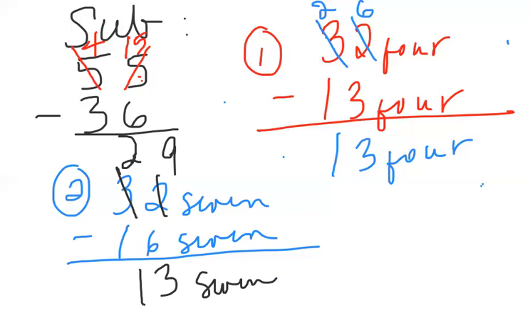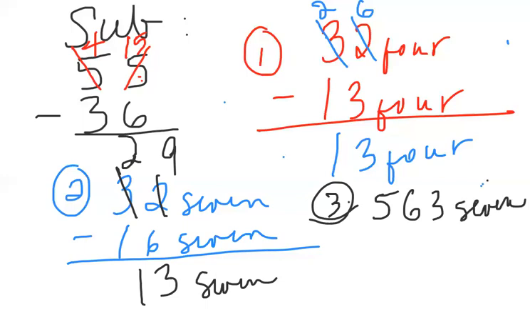And here's the last example for tonight, guys. I've got 563, and this one is also in base 7. Then we're going to subtract 164 in base 7. Obviously, we cannot subtract 4 from 3.